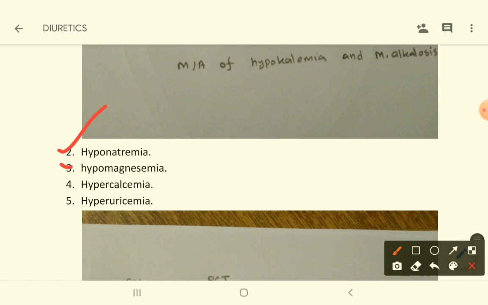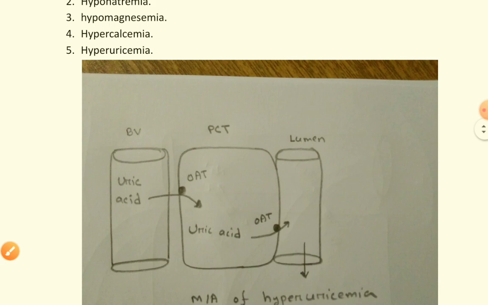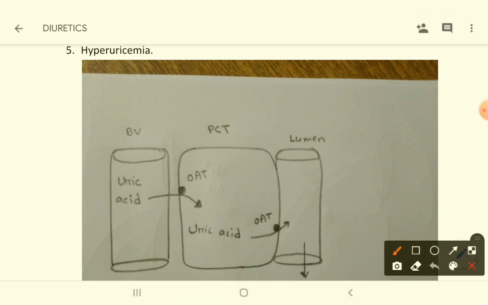Then hyponatremia, hypomagnesemia, hypercalcemia. Why hypercalcemia occurs, we have already discussed. And then there is hyperuricemia. Of course, you know that thiazide diuretics are also secreted in the proximal convoluted tubules, and they use this organic anion transporter.